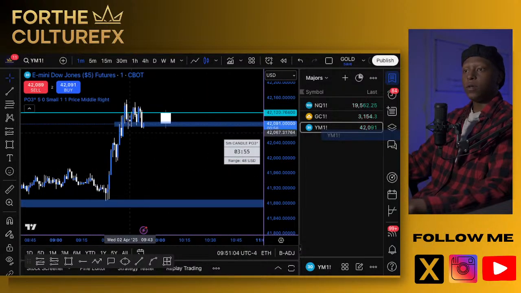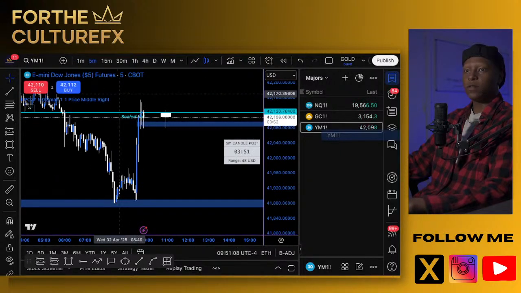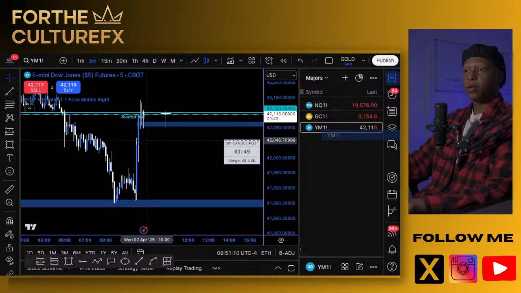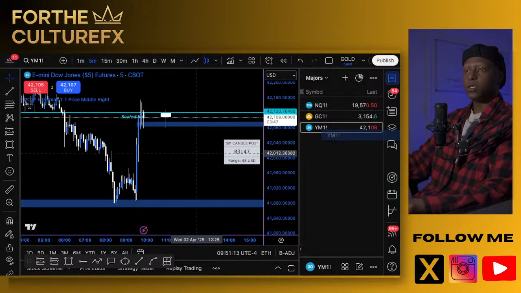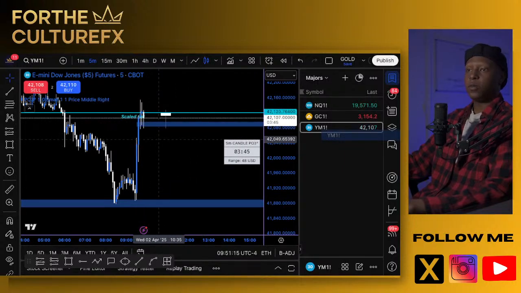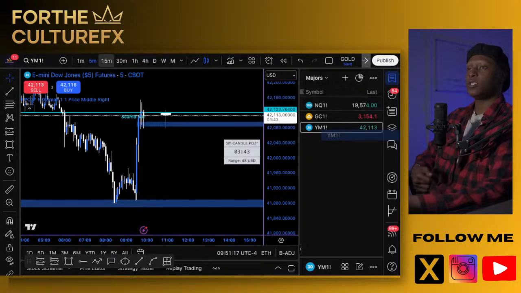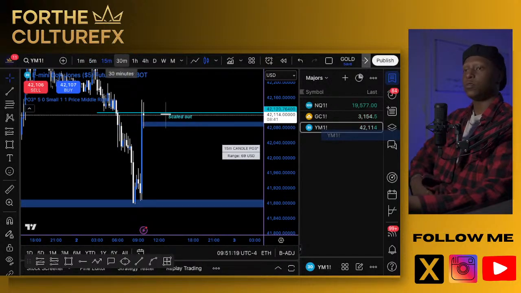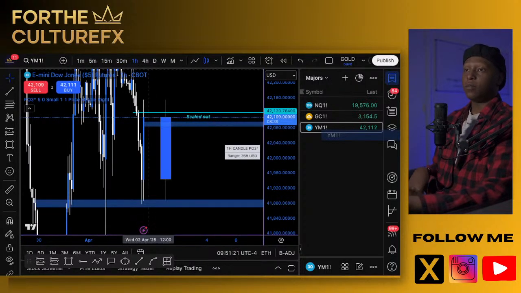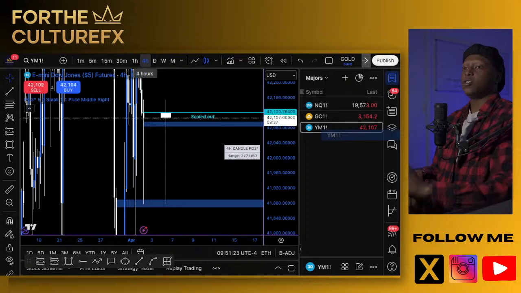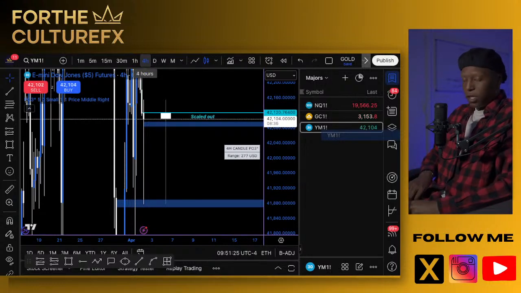So it looks like we're about to get our smaller time frame market shift, especially if we can get a 5-minute candle to close bearish. We see a smaller time frame shift. We can go ahead and potentially take sell positions for a continuation of this move to the downside, coming off of the previous potential bearish candle close. So we've got to see how price reacts first.